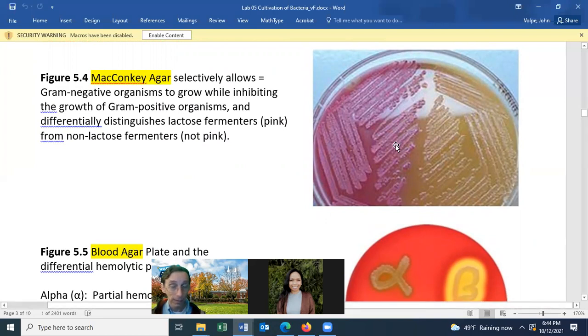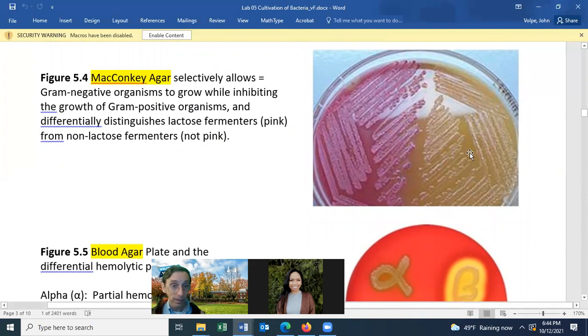And so that will allow you to distinguish the lactose fermenting bacteria, which will change it to a pink color from the acids building up from fermenting lactose, from the bacteria that cannot ferment lactose, and they will not be pink in color.